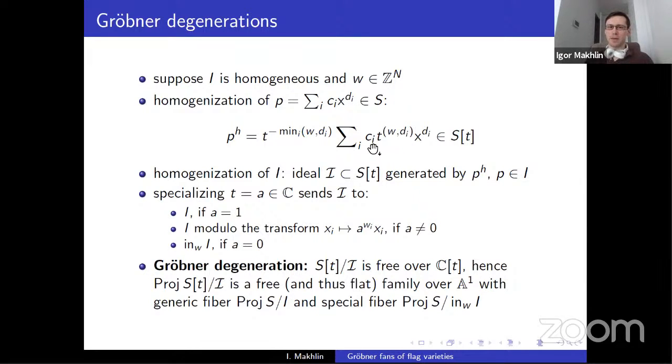Namely, all the monomials that are in the initial part will contain t to the power 0, and all other monomials will contain t to some positive power, right? And now the rest of the slide is the idea that if we take the limit t goes to 0, then all the monomials outside of the initial part vanish, obviously, and what we are left with is the initial part. And so this is a degeneration.